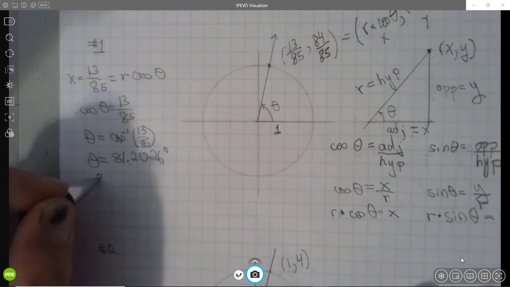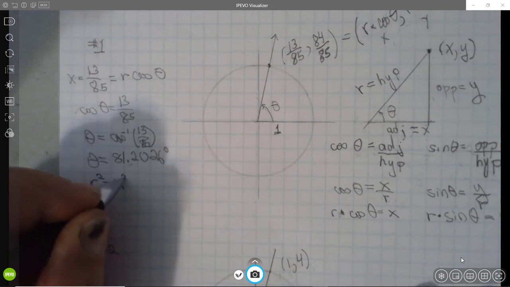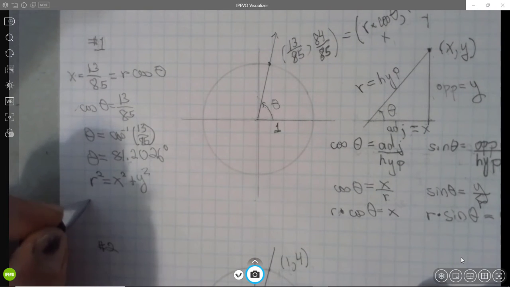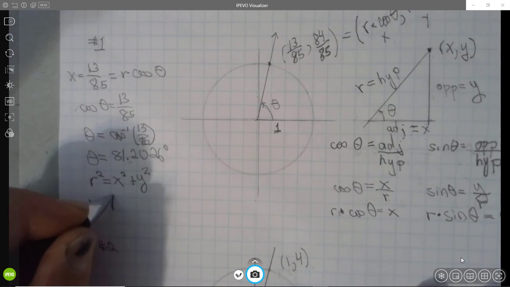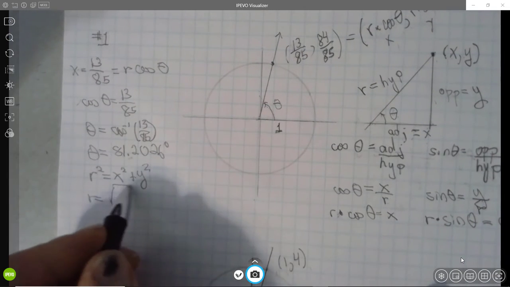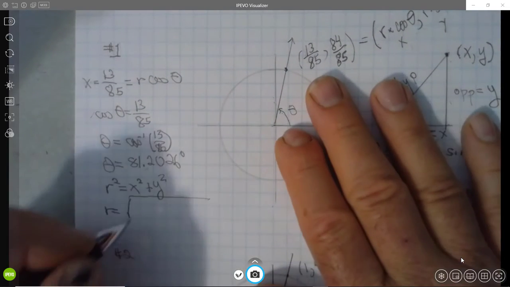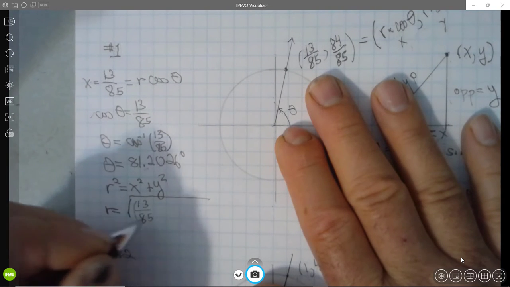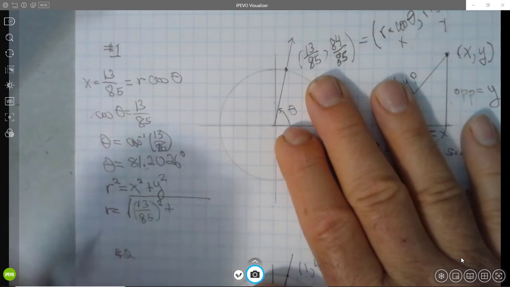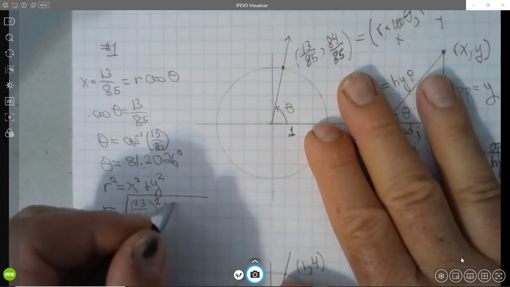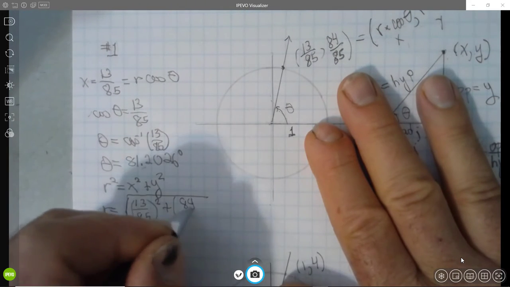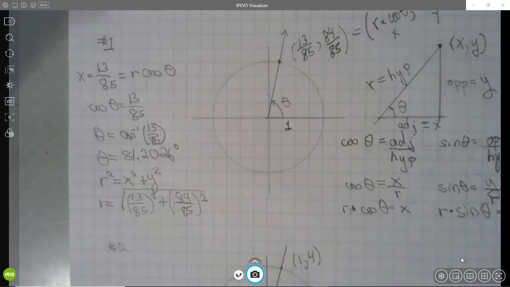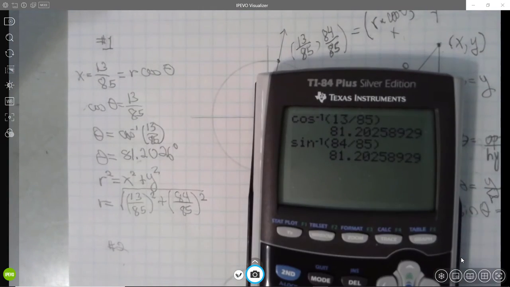So r squared is x squared plus y squared. That's the Pythagorean theorem. You take the square root of both sides in order to find out what r is. And in this case, it's the square root of 13 over 85 squared plus 84 over 85 squared. And then you can check this with your calculator.